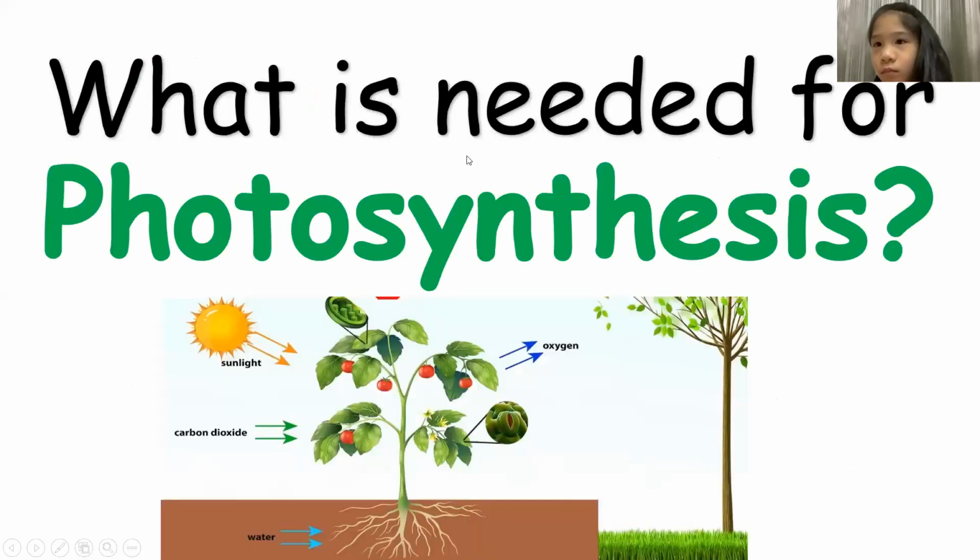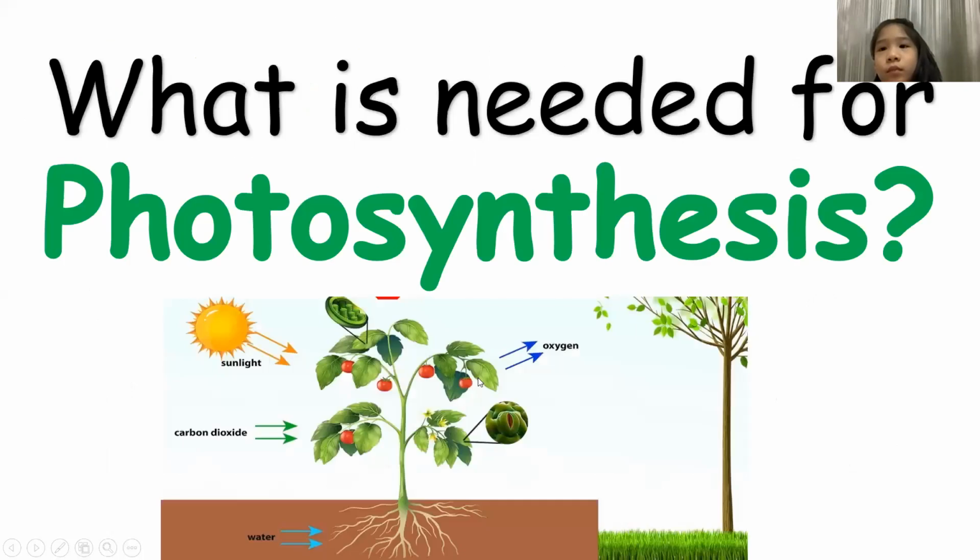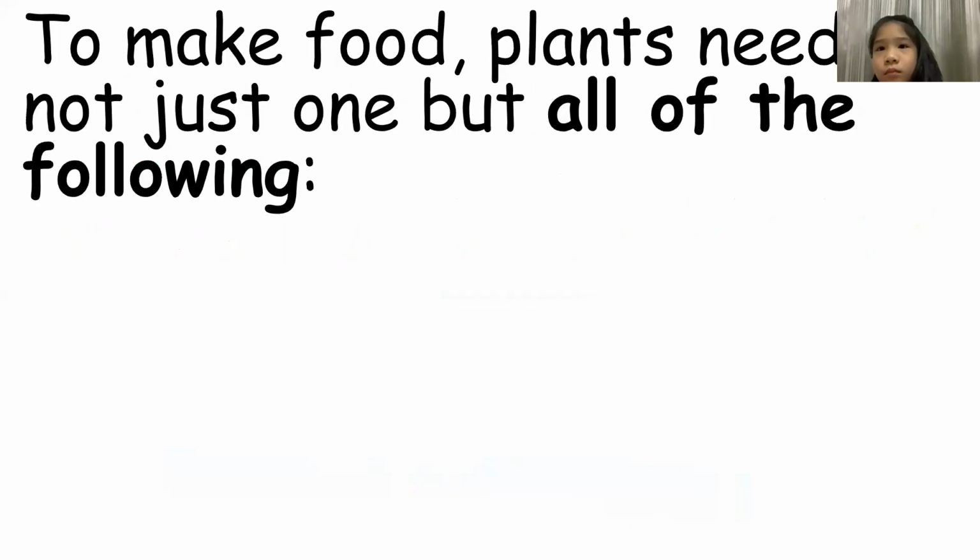Look at this. What is needed for photosynthesis? What are needed in order for the plants to make food? To make food, plants need not just one, but all of the following.